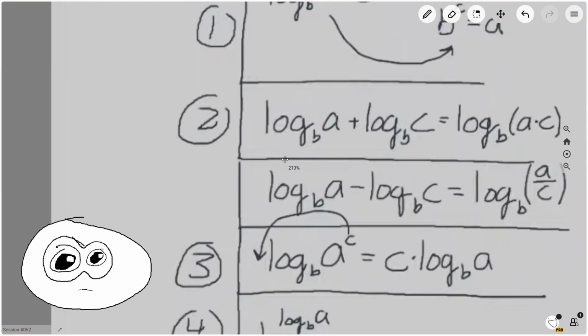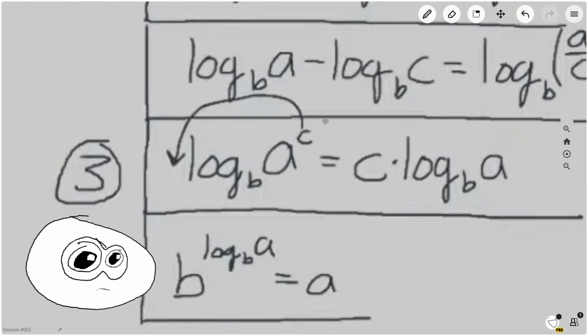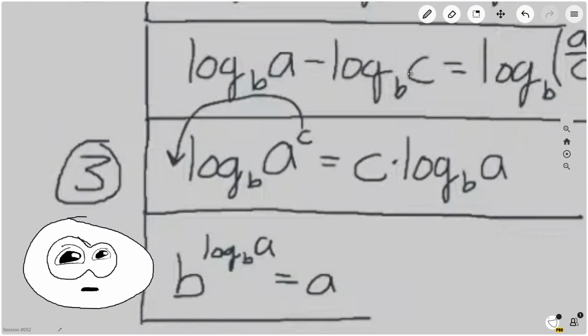Another rule is that if you have a log function and it's to an exponent or to a power of something, then you could drag that to the front. Now, this can apply to a lot of weird things.